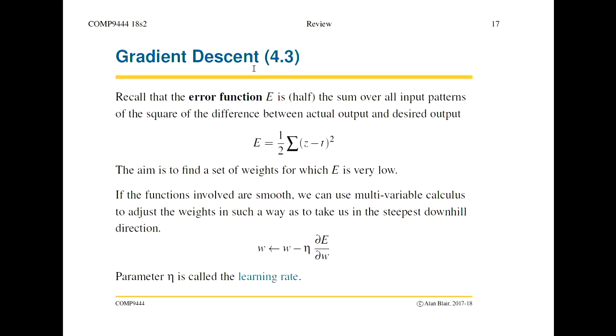And then you can write a cost as well, in this case, the squared error. So you take the difference between the actual output and the target output and square it, and you add that up for all the items, and that gives you a cost function.